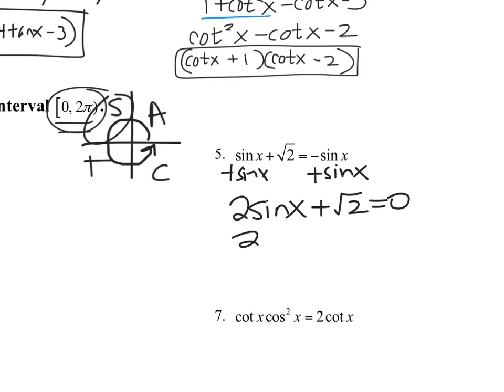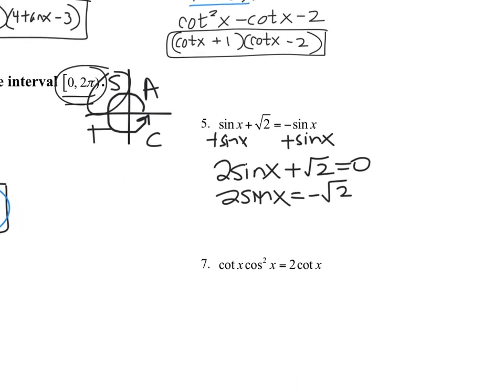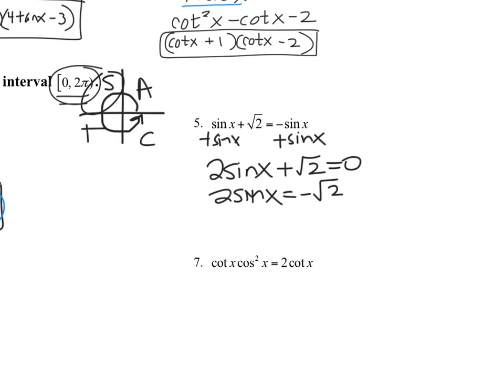Subtract rad 2 to the other side. Wait, shouldn't that be 0? Why do you have that 2 sine x's? I added this sine x over to here. So 1 sine x plus 1 sine x gives me 2 sine x. Okay. And then subtract rad 2 and then divide everybody by 2.